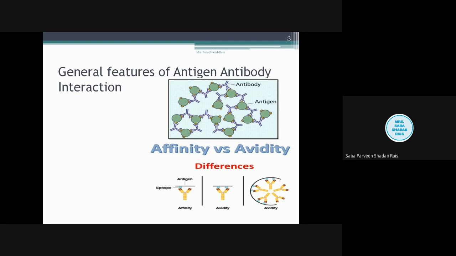If we talk about the antibodies which are pentavalent, they can bind to 10 antigens. When we talk about the tetravalent antibodies like secretory IgA, at a single time they have four paratope regions, so they can bind with four antigens. These are the properties of the antibody.